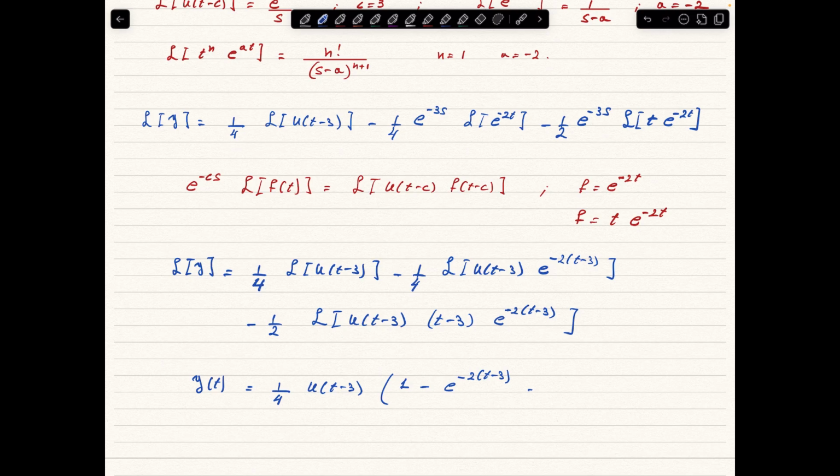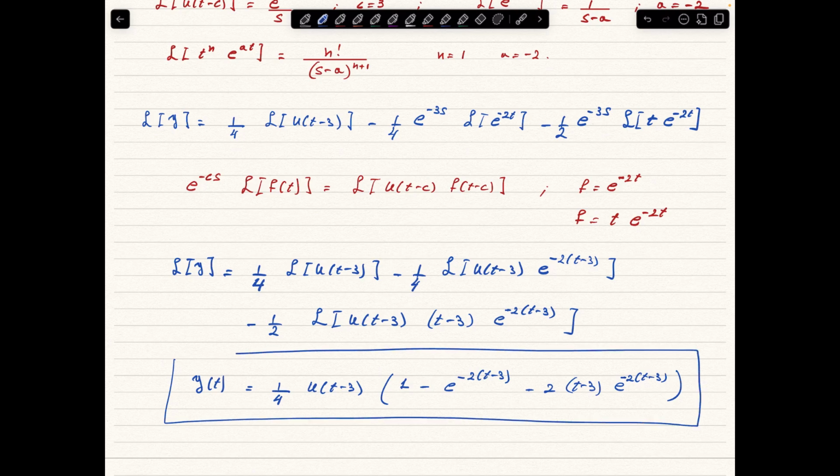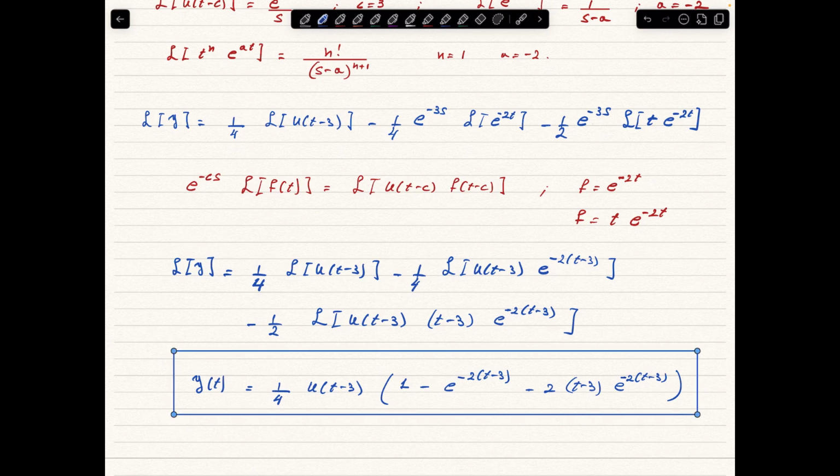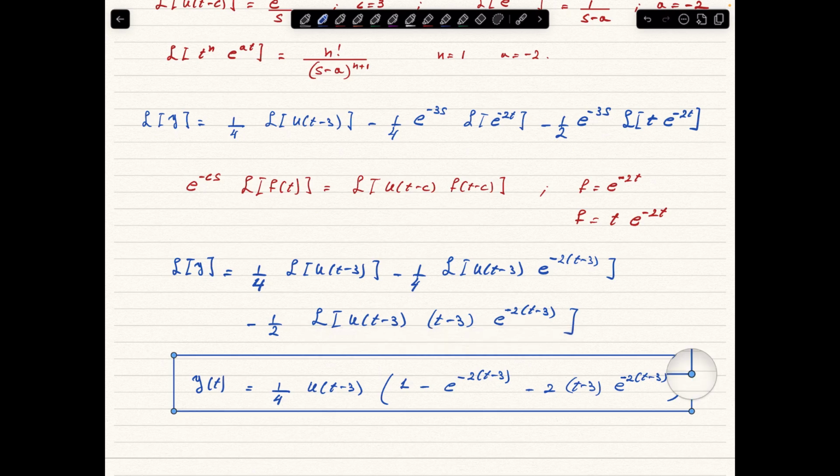And then we are going to have negative 2, because I pull common factor 1/4, t minus 3 exponential negative 2 t minus 3. And that is how we use Laplace transform to solve a second order differential equation that has a step function on the right hand side.